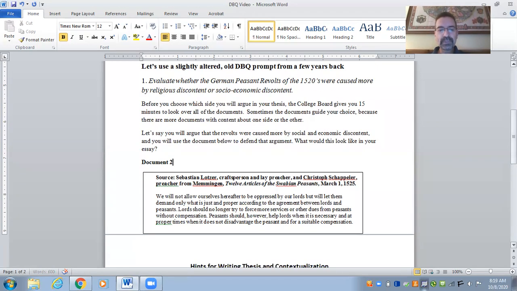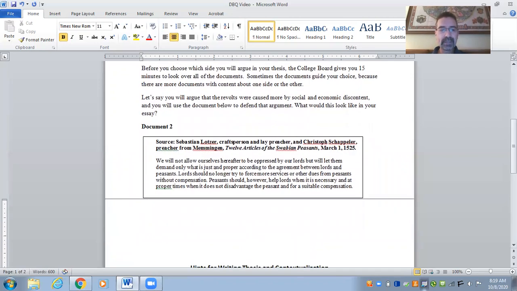Okay, so now we've seen what these folks have to say and what they're saying to their landlords. What do we do? How do we use this as part of our evidence? Well, first, let's go back to what our thesis said. Our thesis basically makes a statement that we believe these revolts were caused primarily by economic and social ills suffered by peasants.